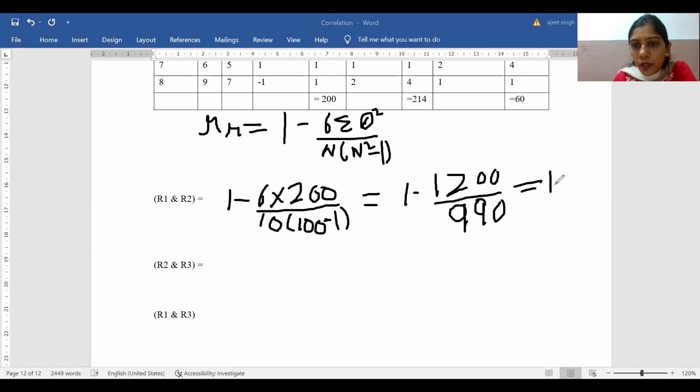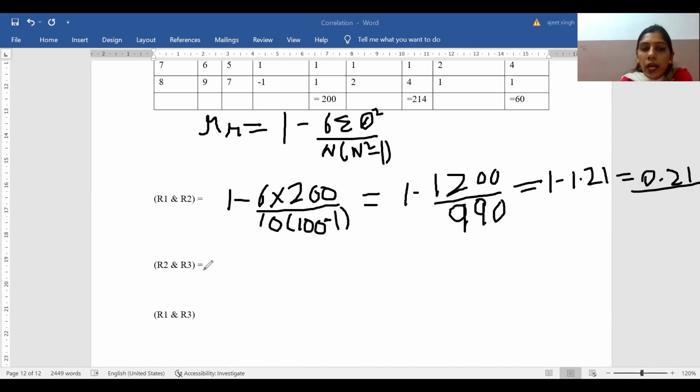So 1 minus 1.21, the final answer will be minus 0.21. Okay, so this will be the answer for difference 1.